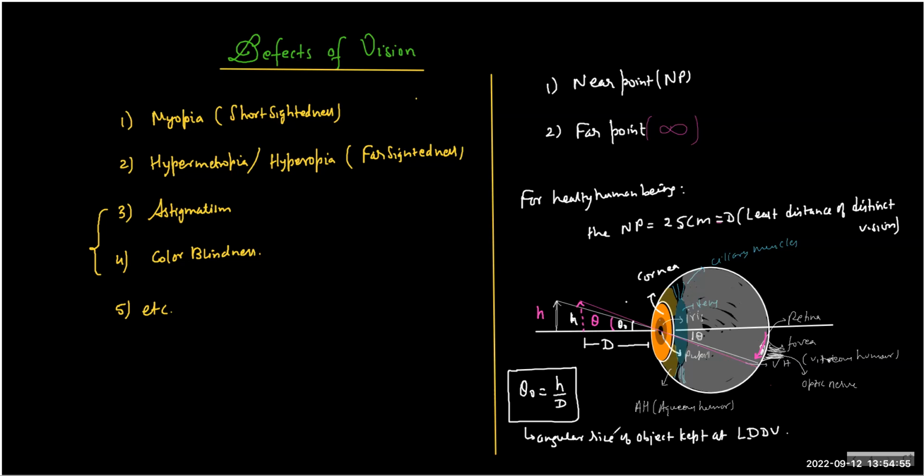But as of now, what you should remember is that, in the defects of vision, the human eye will see the object at 25 centimeter in the biggest size and in a clear manner, and that is why 25 centimeter is taken as the standard near point for the average human being.